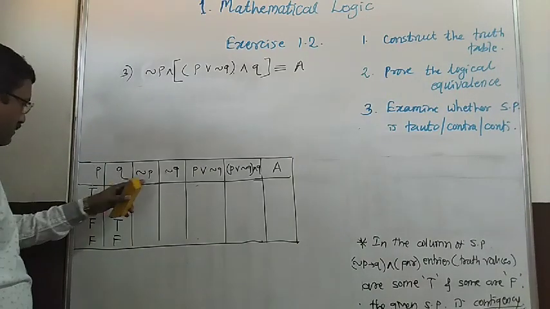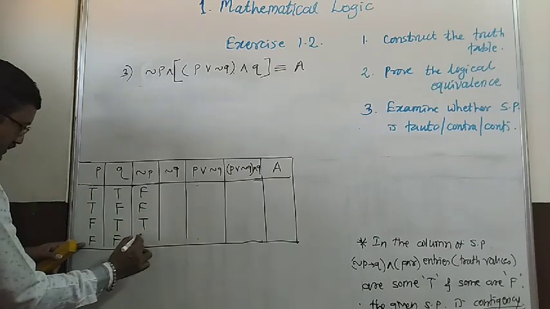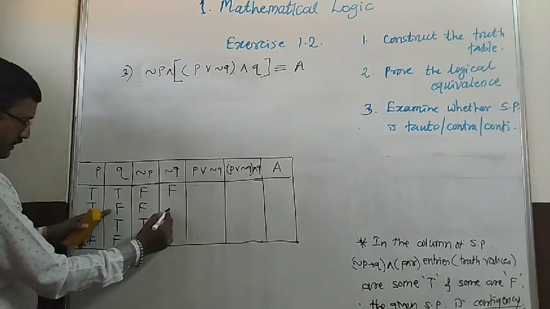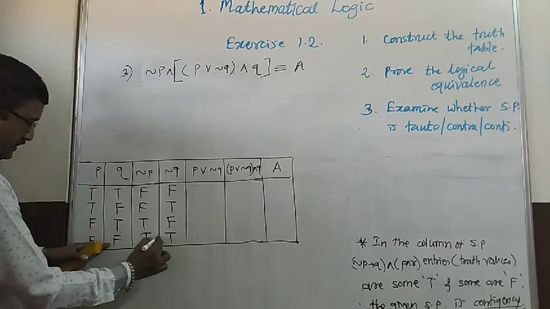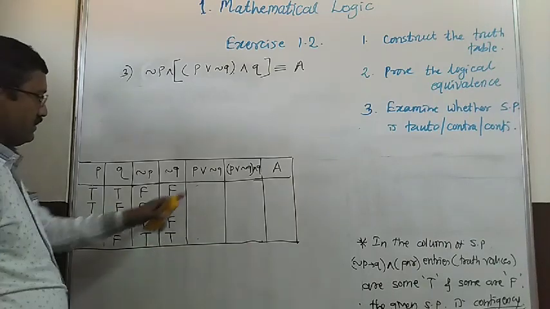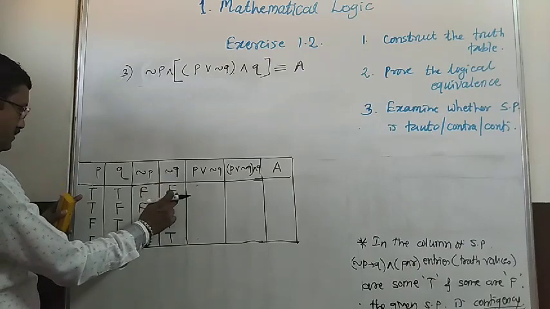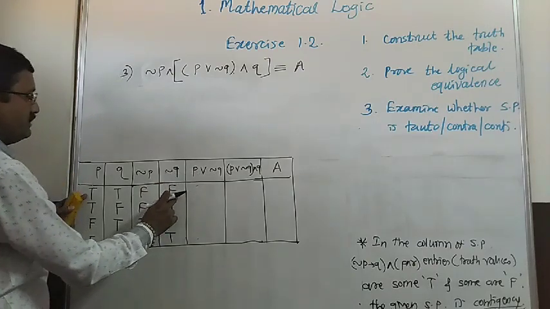Let us see, negation of P is F, F, T, T. Negation of Q is F, T, F and T. Next, P or negation Q. P is here, negation Q is here. We have to take disjunction of these two. In disjunction, we will find whether some T is there or not.